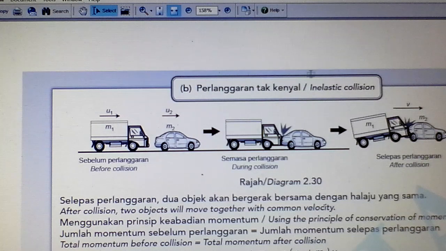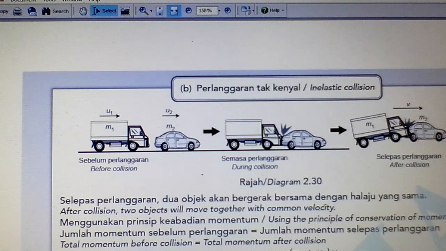Second type of collision, we have inelastic collision. Okay. Let's say we have the same situation. So we have a truck, initial velocity u1, and a car, initial velocity u2.